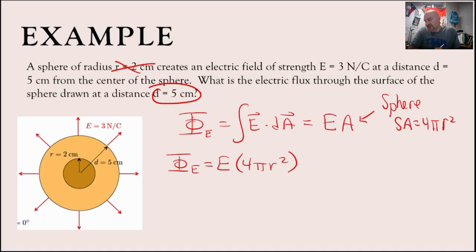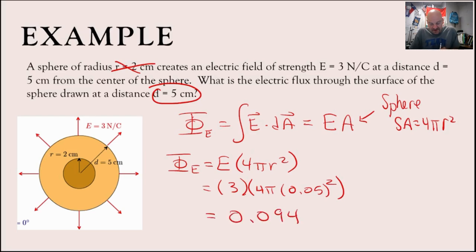Now we just simply plug in. They tell us it has a strength of 3 newtons per coulomb. You have 4 pi, and our sphere is 5 centimeters. Make sure you convert that to meters, and you plug it into your calculator.